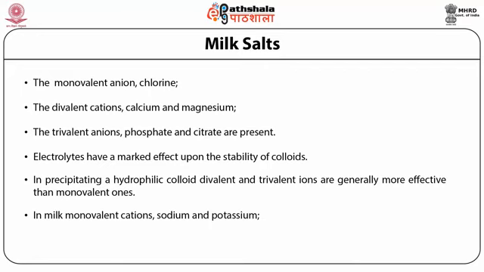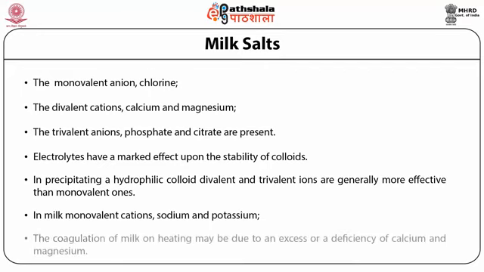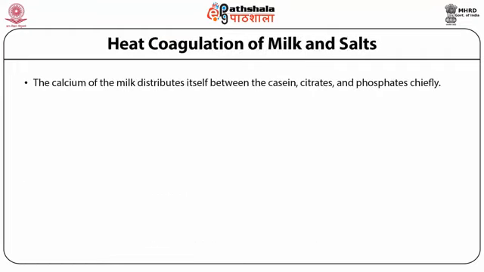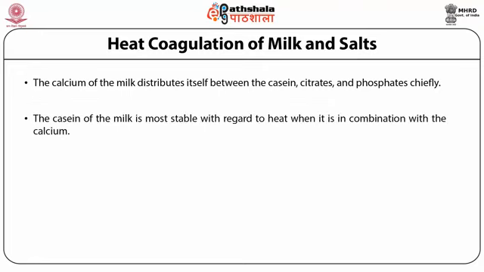These cations and anions are attached with the milk. The calcium of milk distributes itself between casein, citrate and phosphates chiefly, whereas the casein of milk is most stable with regard to the heat when it is in combination with the calcium.